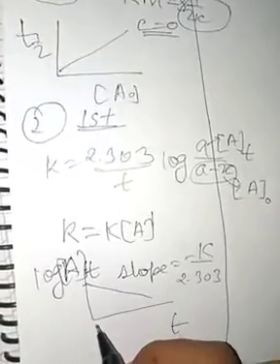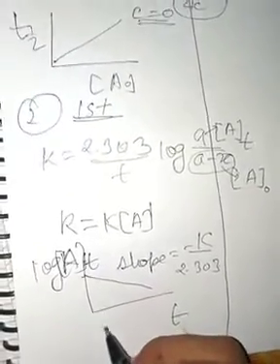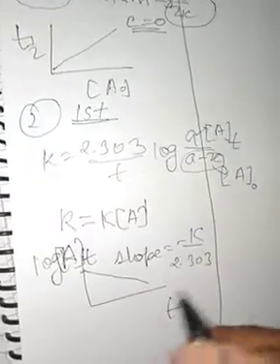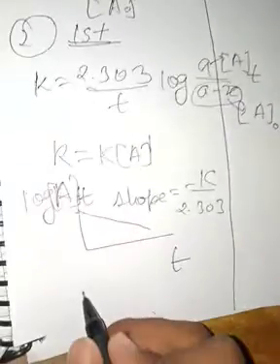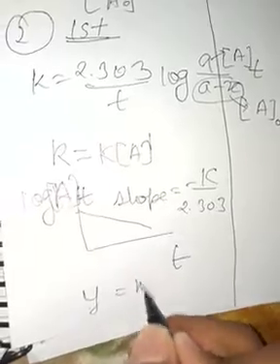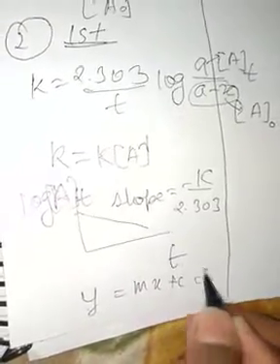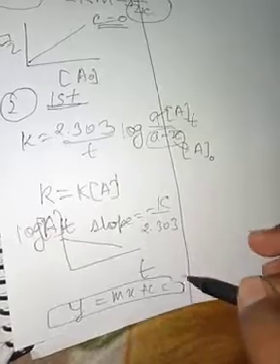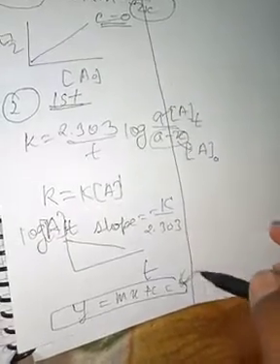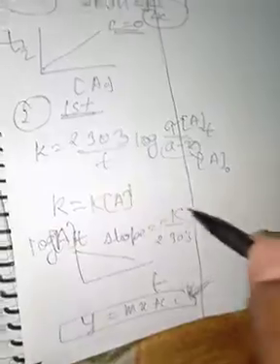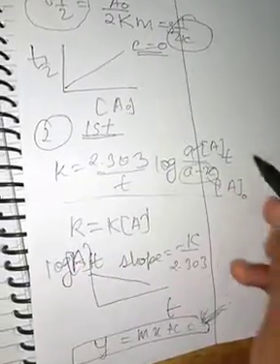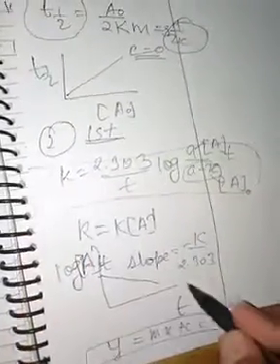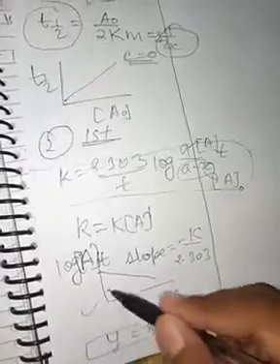We need not memorize it, because it depends only on y equal to mx plus c, the straight line equation. We just find the relation between the basic equation and this equation, and easily get the slope and derive the graph.